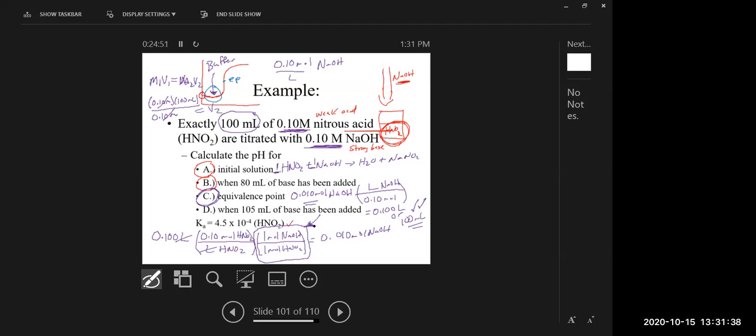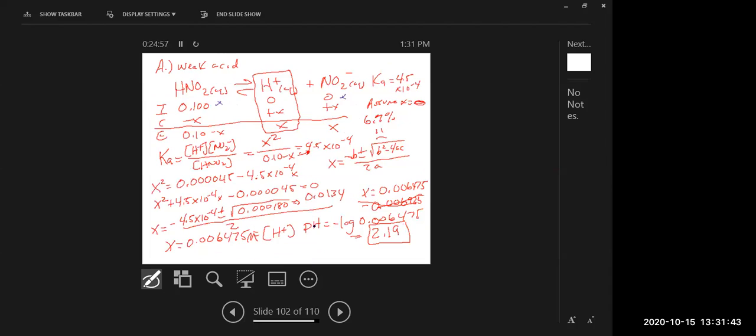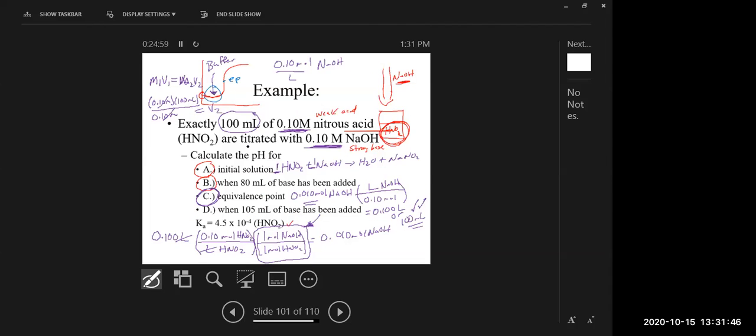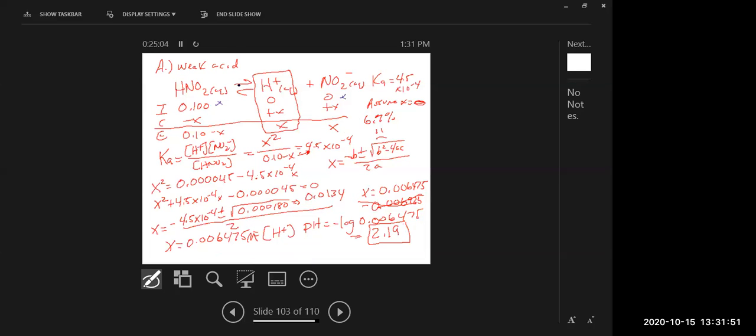Okay. So now that we figured out how much we need to reach the equivalence point, let's talk about what happens when we hit that equivalence point, which is right here. Okay, so C, we're at the equivalence point, which we just calculated is 100 milliliters of our 0.1 molar sodium hydroxide added to our 100 milliliters of our 0.1 molar nitrous acid.